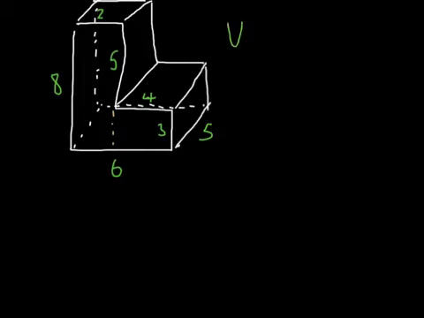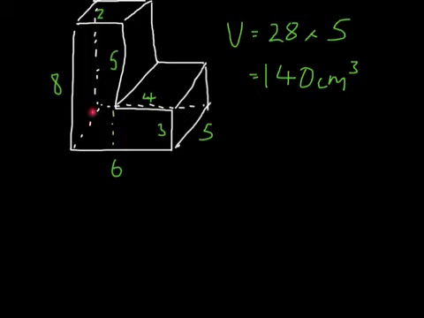The volume is going to equal 28 times 5, and that equals, let's see if I can do this in my head, 140, I hope. Again, nothing tricky. It looks tricky, but if you just find the surface area of that face, and you can see that it's two rectangles, just times it by the perpendicular height, and you've got your volume.